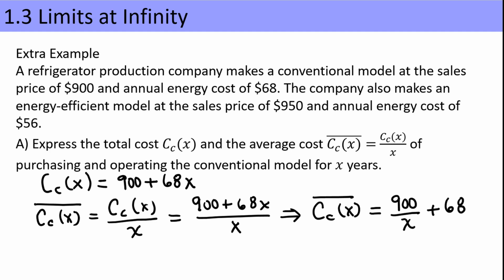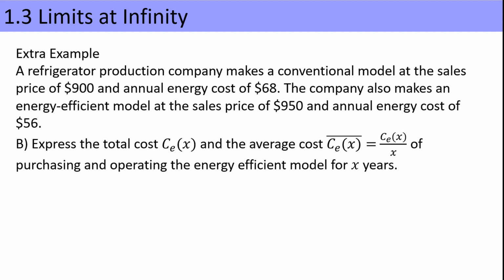Part B. Express the total cost C sub e of x and the average cost C sub e of x with a bar over it, which is equal to the ratio of C sub e of x divided by x, of purchasing and operating the energy efficient model for x years. Let's begin by finding the total cost, C sub e of x.